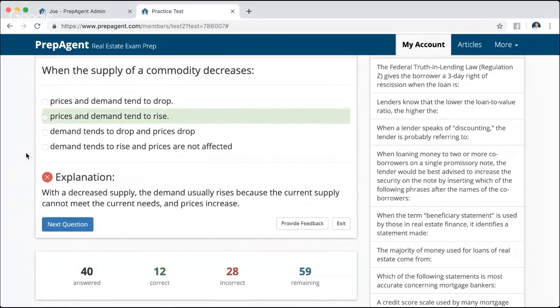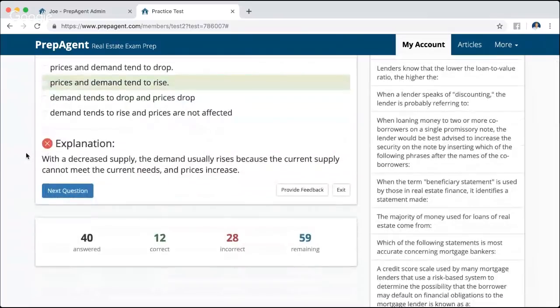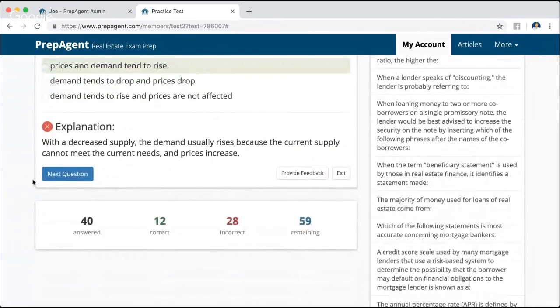Price and demand tend to rise. Who knows what the secondary market is? Secondary market's the resale marketplace.